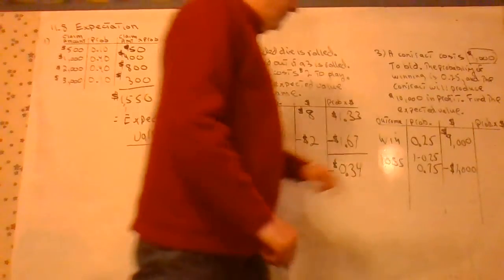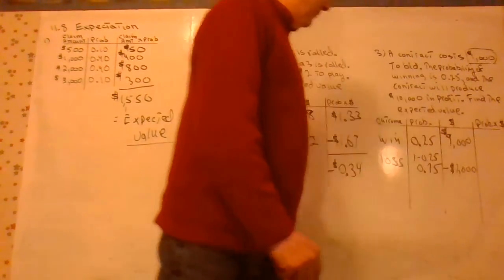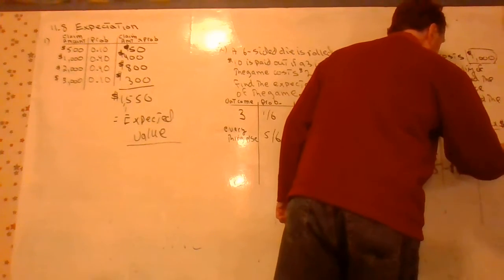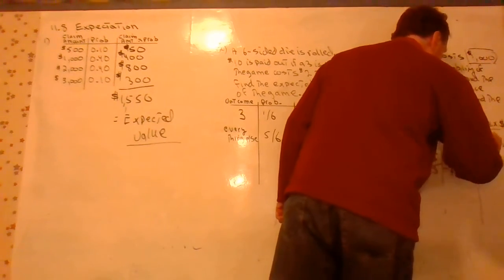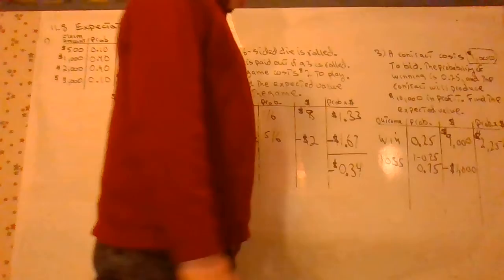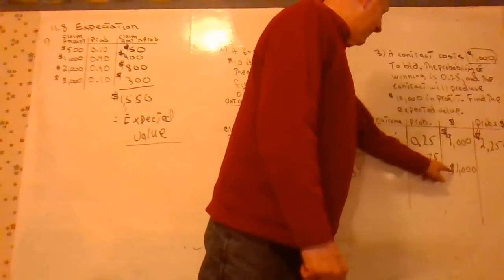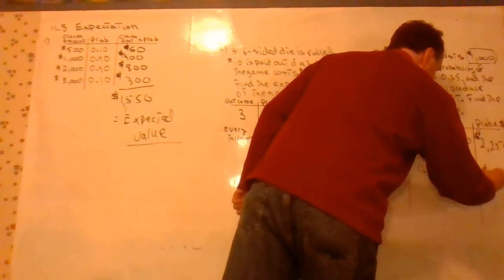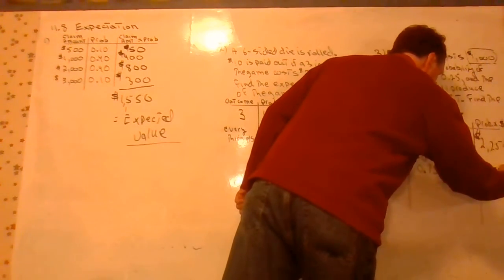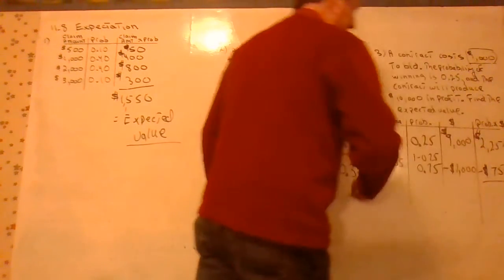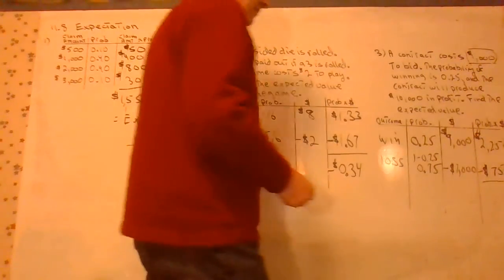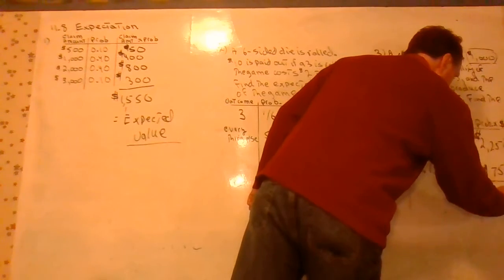Now we multiply these, 0.25 times 9,000 ends up being $2,250. And 0.75 times negative 1,000 is negative 750. And if we add this up, 2,250 minus 750 is 1,500.